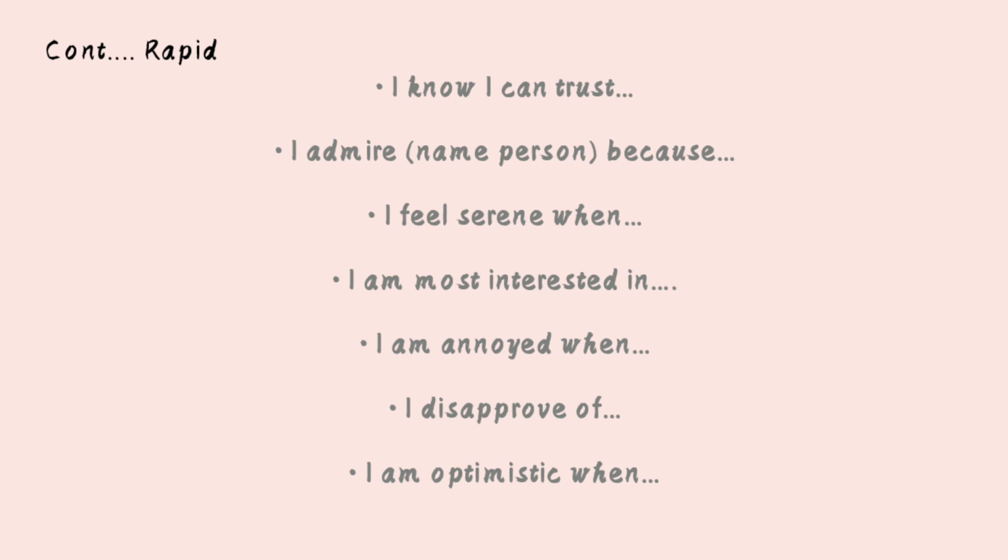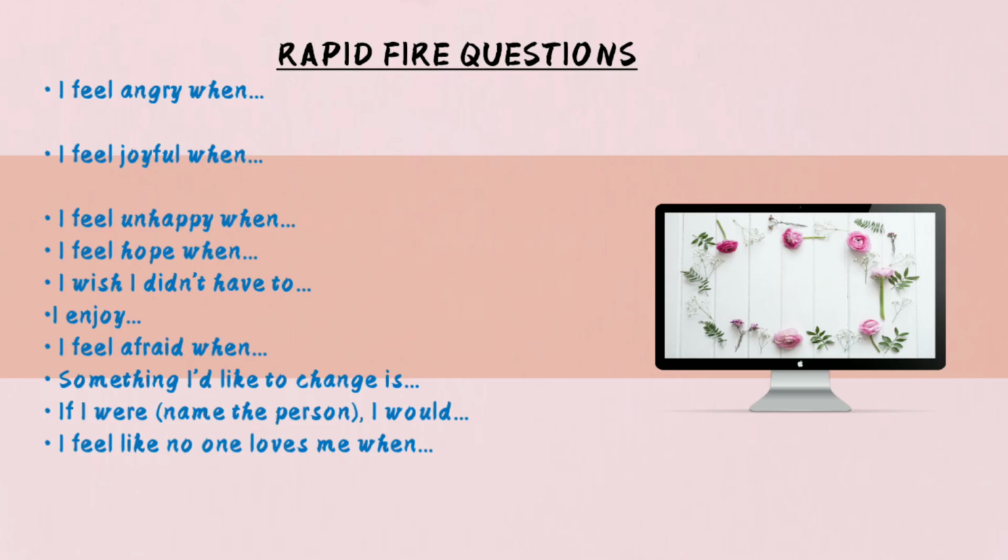I feel serene when I write poetry, and I'm most interested in, I'm annoyed when, I disapprove of, and I am optimistic when, and there are so many answers to these questions. I have put all those questions combined, meaning there are negative traits of personality and positive traits of personality, like unhappy, afraid.